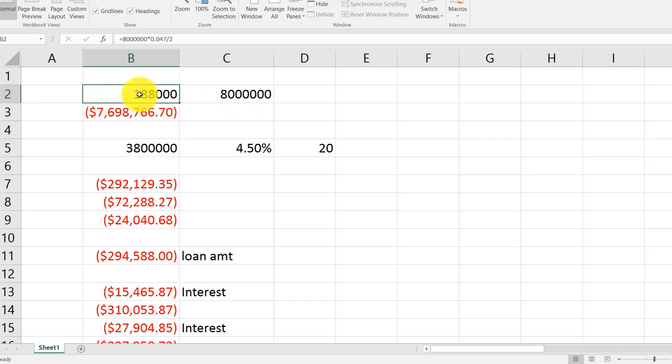The payment every 6 months for 20 years will be $188,000. We're going to pay $188,000 every 6 months for the next 20 years, and we're going to pay $8 million back at the end. So what is that worth today?